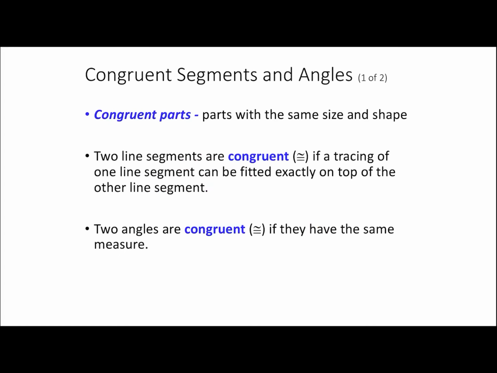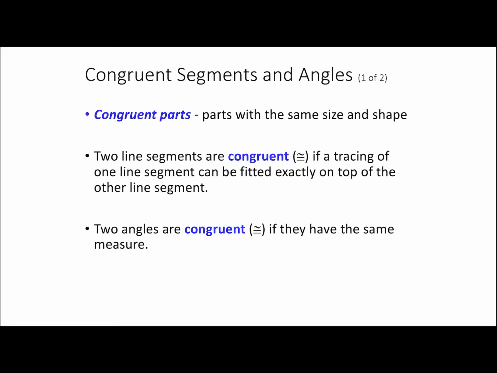All right, so let's talk about congruency a little bit. We say that two parts are congruent if they are the same size and the same shape. Now, we do not say they are equal. Equal implies they are the exact same figure.